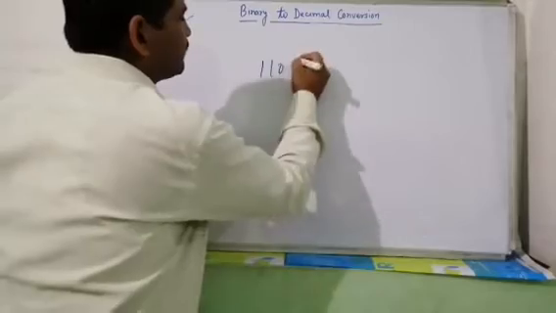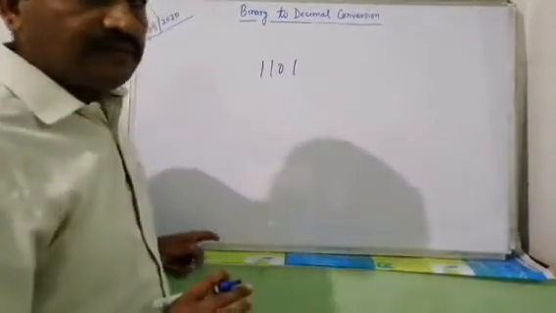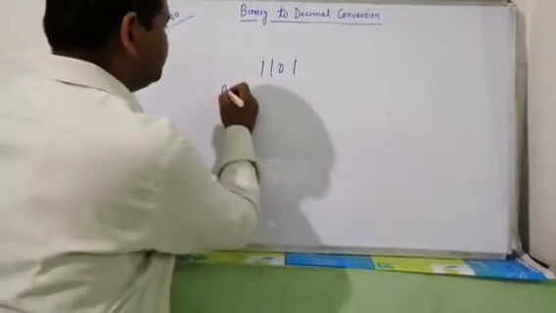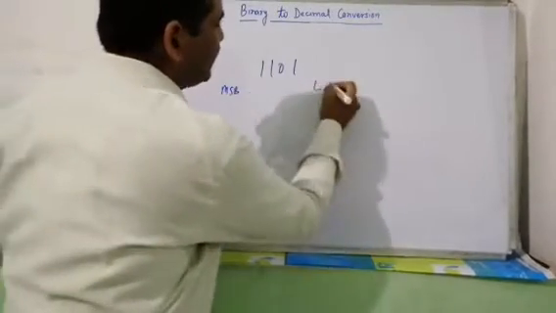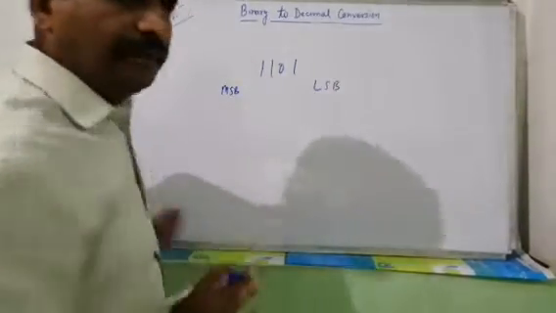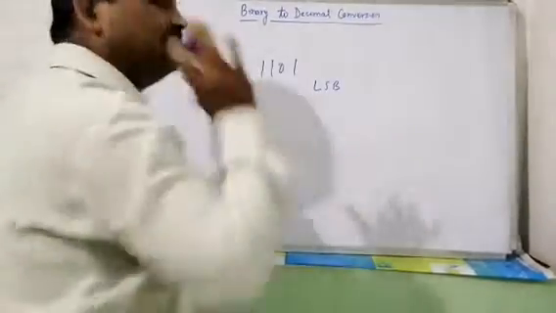Assume that this is the number 1101. There are 4 digits. We have to start from the LSB part. This is the MSB and this is the LSB. From the LSB we have to start and give the weight of each and every digit.